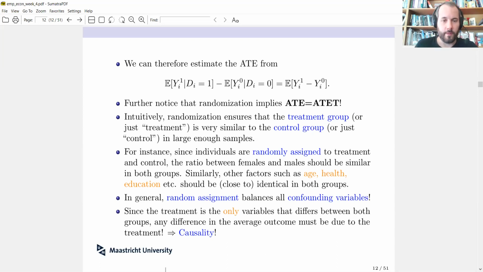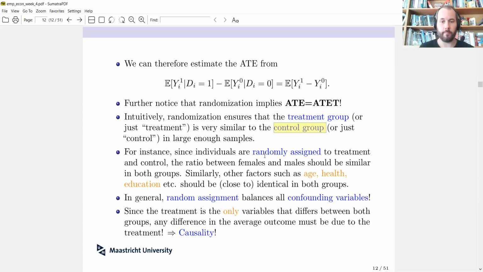Now, what is the intuition behind this randomization? Well, randomization makes sure that the treatment group and the control group are comparable in large enough samples. So when I do this setup, I let people come in, I throw the coin, and I say, okay, heads, treatment, tails, control.